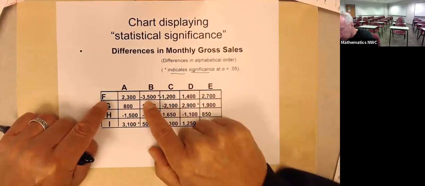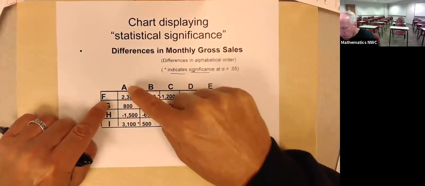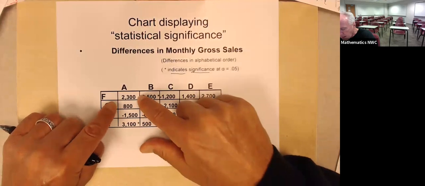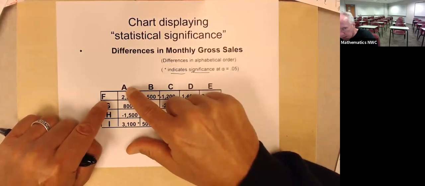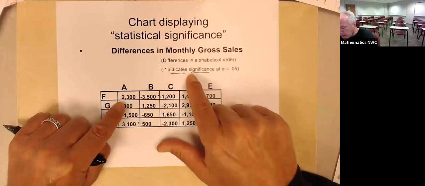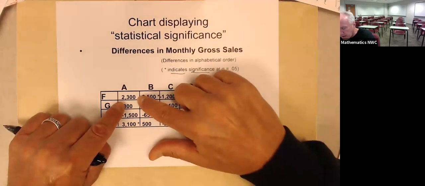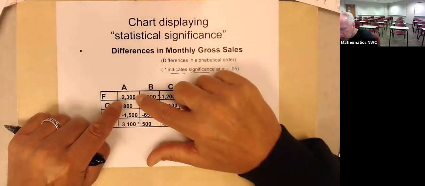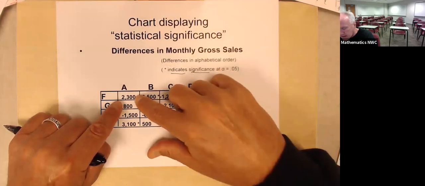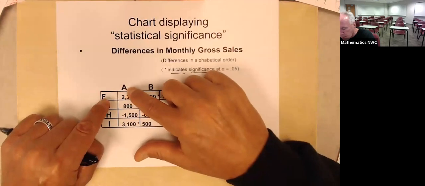Specifically, F was bigger. If you had run A minus F, notice there's no asterisk here. If you had run A minus F and set that difference equal to 0 or not equal to 0, because there's no asterisk indicating significance right here, this one would have had insufficient evidence to reject the null. We would have continued to assume that the difference was 0.